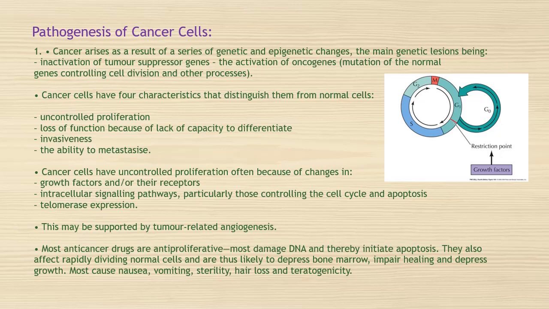Next is invasiveness. Now, normally, you will not find heart cells in liver or liver cells in some other gastrointestinal tract region. Normal cells are not found outside their designated tissue of origin. For example, liver cells are not found in bladder, or pancreatic cells are not found in testis. This is because during differentiation and during the growth of tissues and organs, normal cells develop certain spatial relationships.